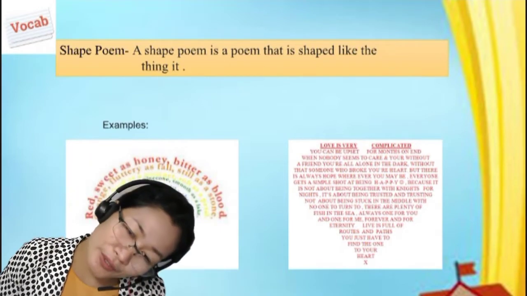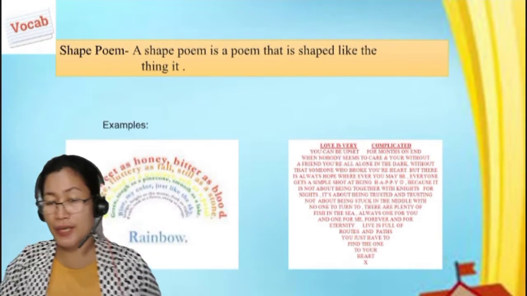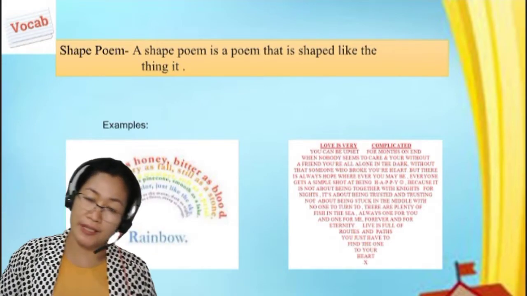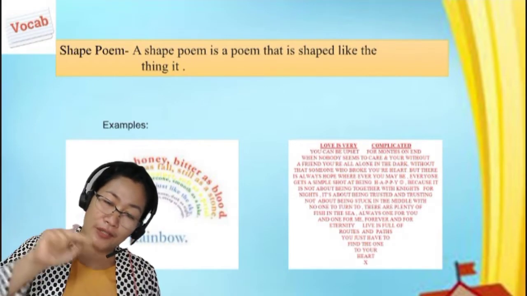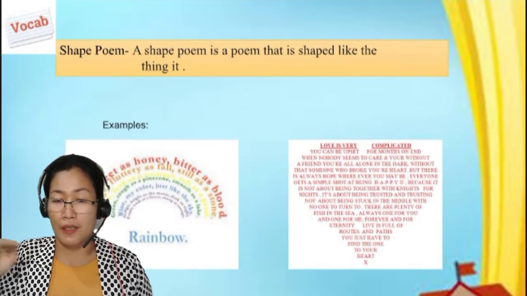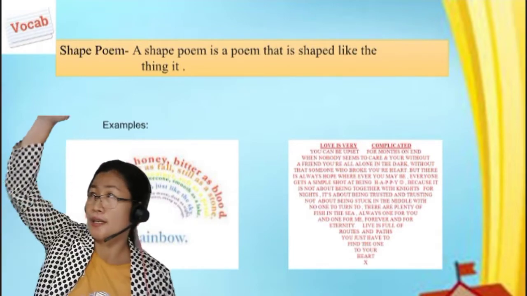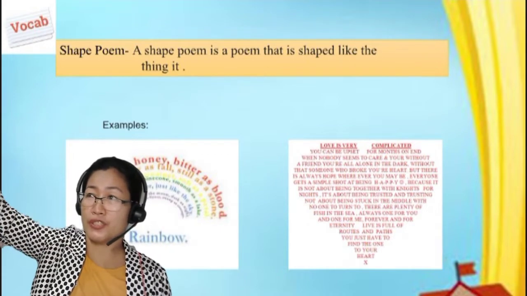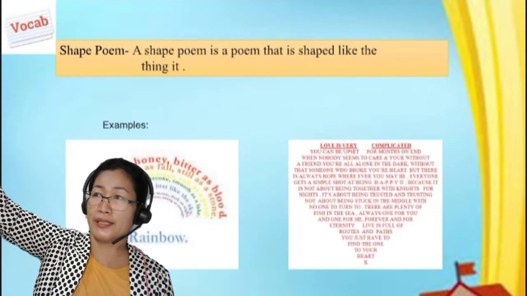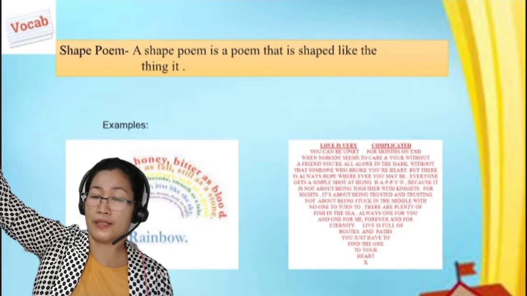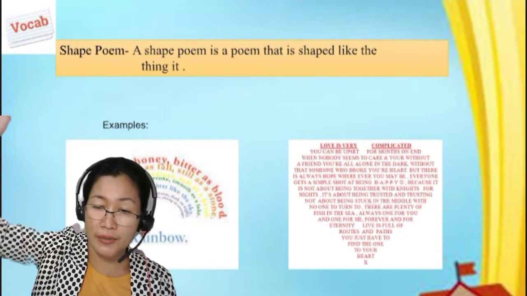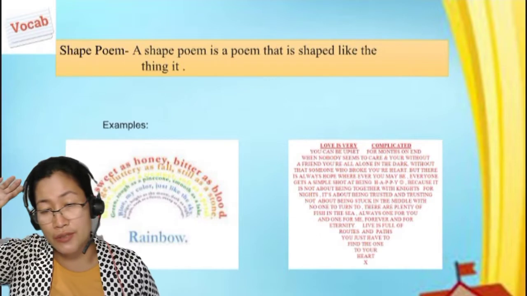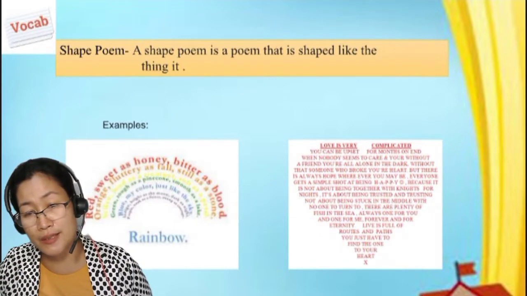Look at the first picture here, the rainbow. We can also see some colors, and of course, a rainbow has many colors: red, orange, yellow, green, blue, indigo, and violet. Let's read some here that we can see.